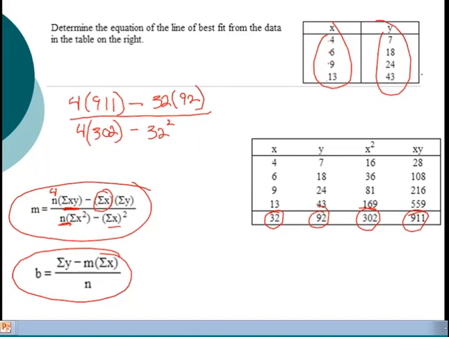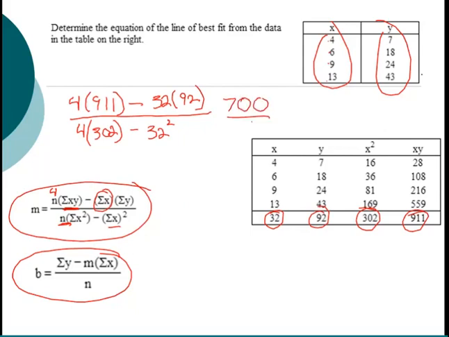And then the top is 700, divided by 4 times 302 minus 32 squared. And that's going to give you 184. So 700 divided by 184 gives you 3.804. Right? And then that's our M.